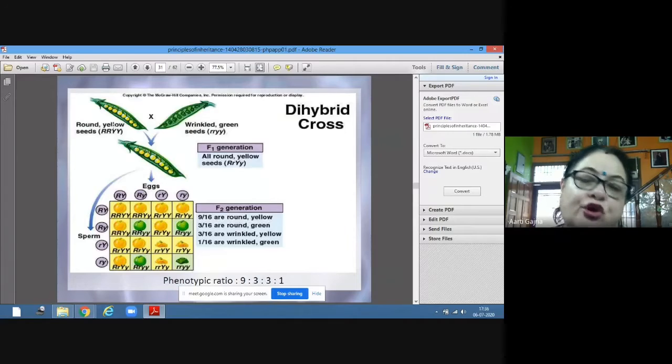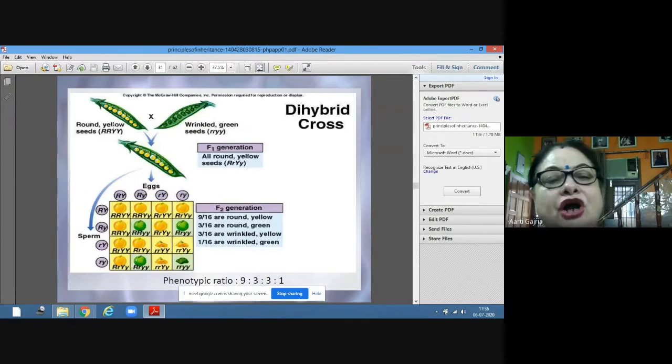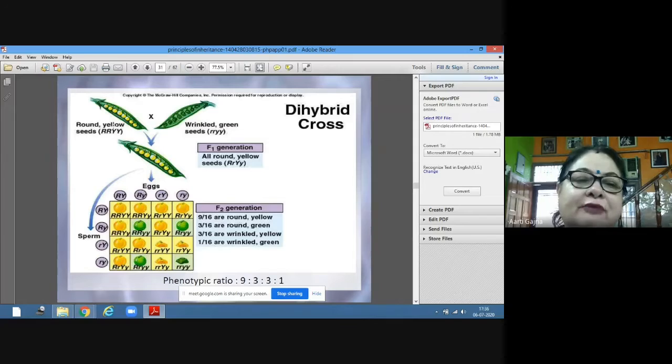And he did monohybrid cross of yellow and green also, and he saw that yellow is dominant over green. In F1 generation, all were round in the first monohybrid and all were yellow in the second monohybrid. And in F2 generation, the ratio was 3:1.